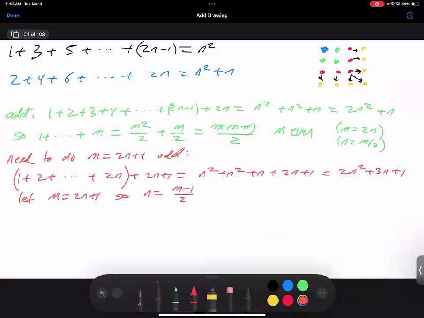How should I do this? So we could factor this as 2n plus 1, n plus 1. And if we do it like that, the 2n plus 1 is just m. So we get this is m. And now how would you write n plus 1?